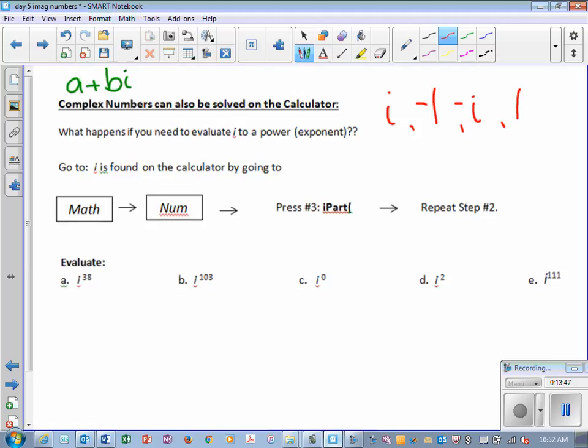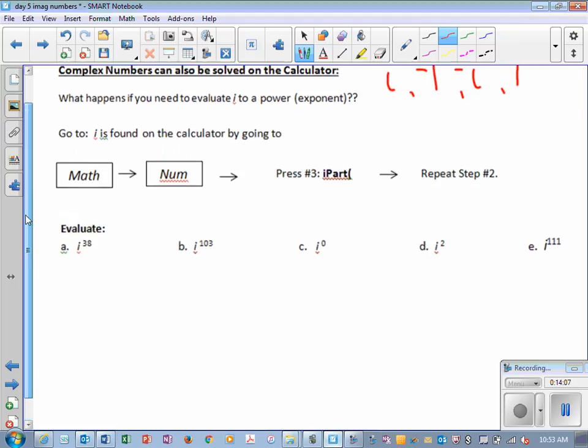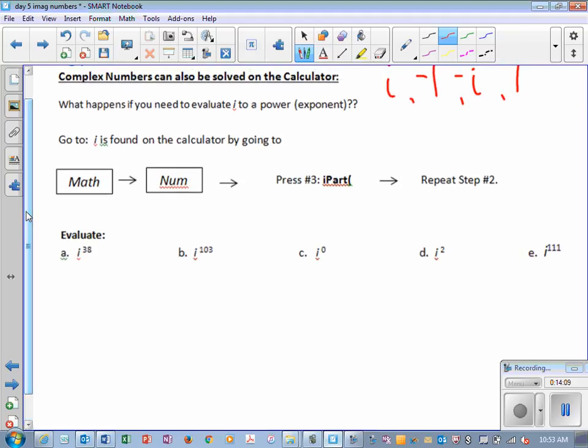All right? So, here's the thing. You can get that by putting it into the calculator. There's a longer way, but I'm just going to show you a shortcut because why should we get these wrong? We shouldn't, right? So, if you look at i to the 38th power, here's what you do. Go to your calculator, go to Math, tab over to Number, and press 3.